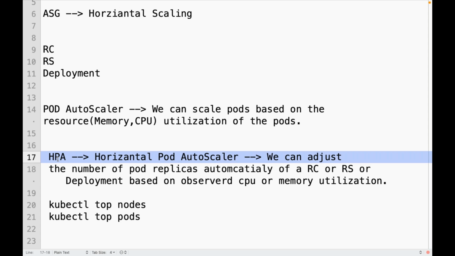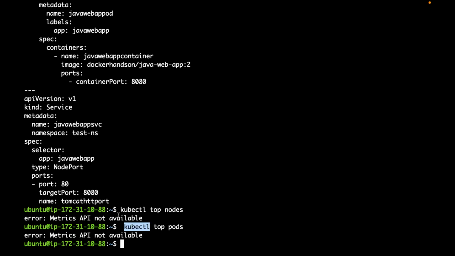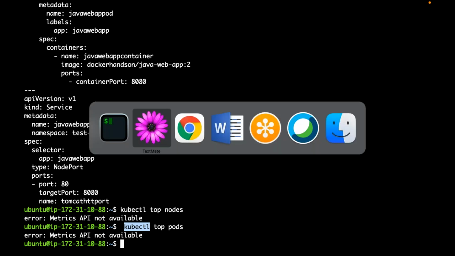So we need that information. Without having those metrics, will I be able to do HPA? Will I be able to scale automatically without having those metrics? No. So we need to have a metric server installed.